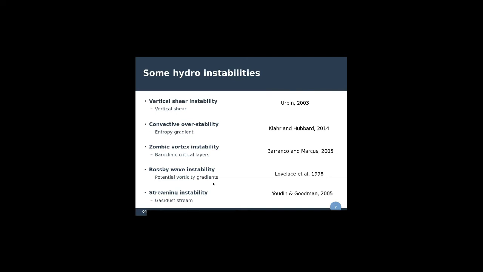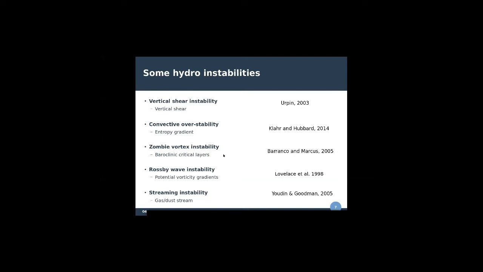There are also the entropy gradients that could help, and this is the base of the convective overstability. And the last one, which is studied a lot, is the zombie vortex instability, since a few years too, where you have baroclinic critical layers inside the disk.